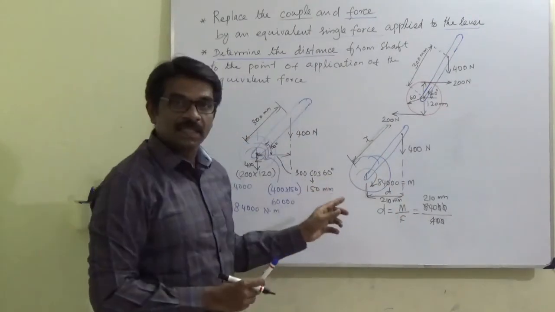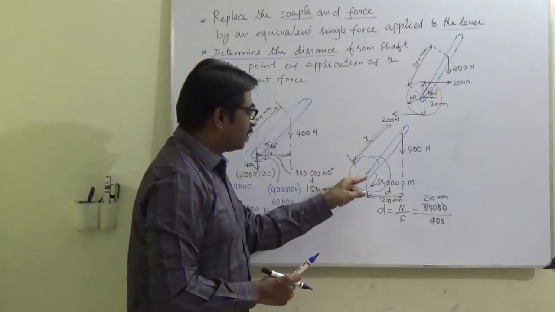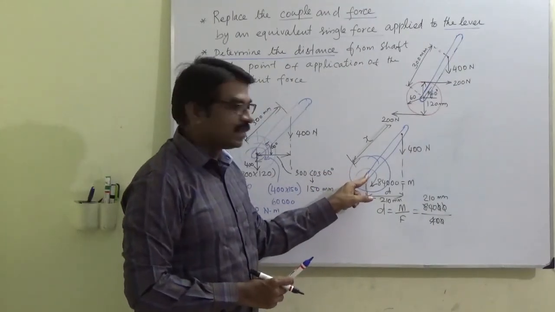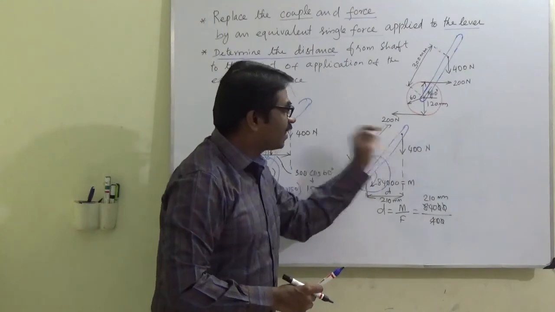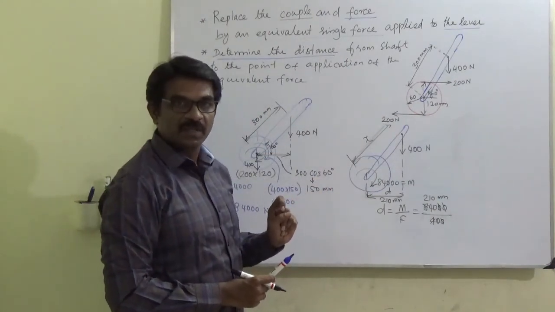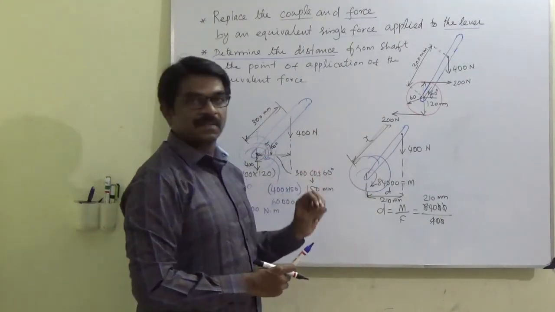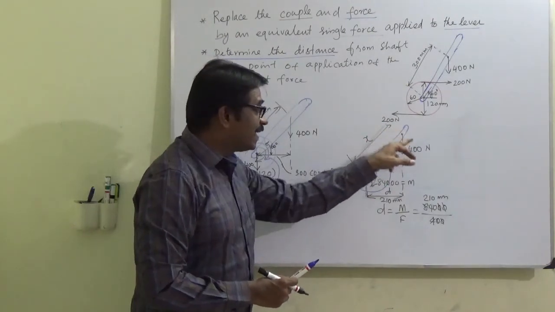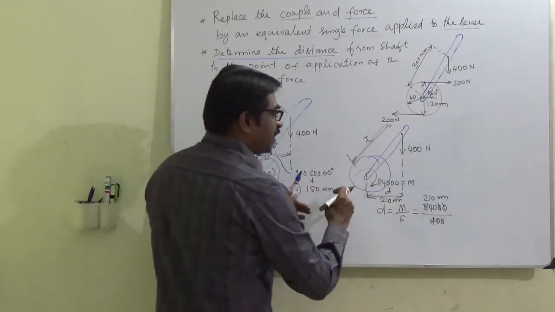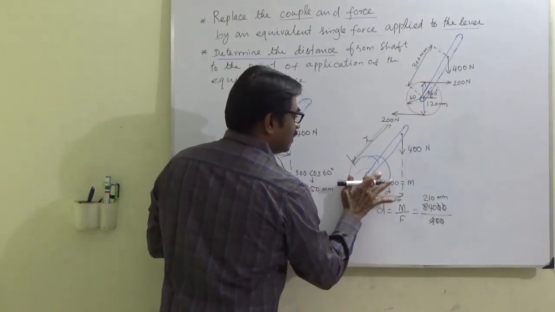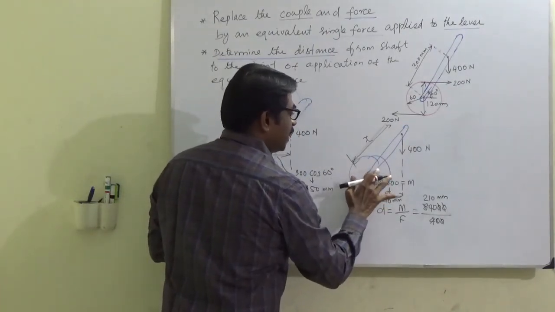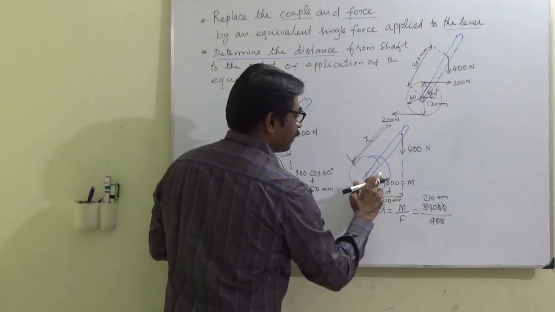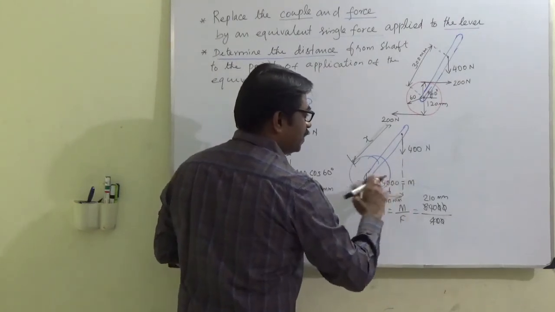But what is asked from the question? From the shaft center, where I have to move this force, or the distance between the shaft and the one single equivalent force. When I am shifting this force there, this couple will not be there. The couple will vanish.